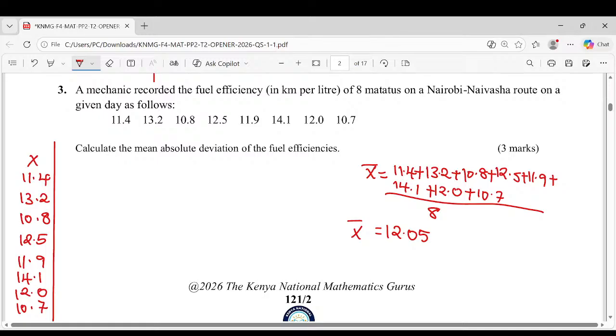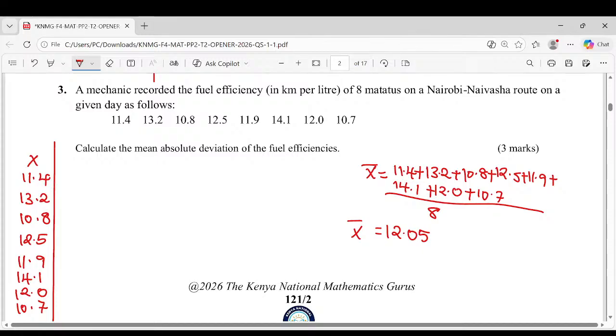After getting that as our mean, ladies and gentlemen, we are on the right track. Let me just confirm how I've done my additions.